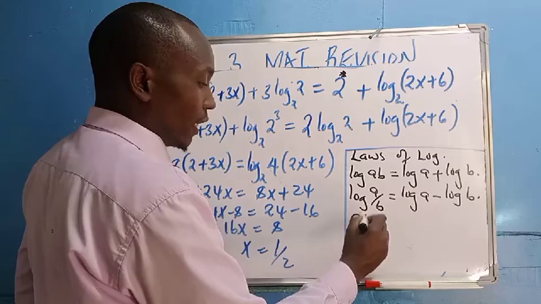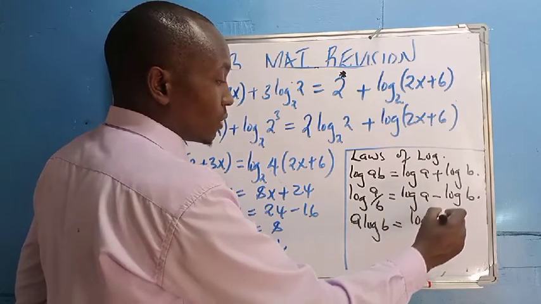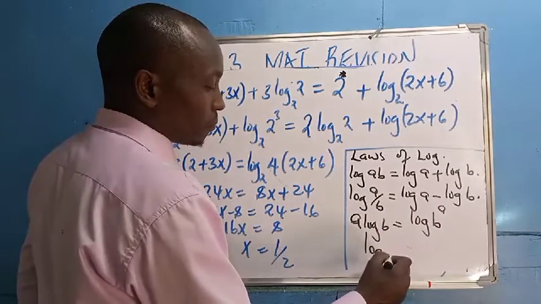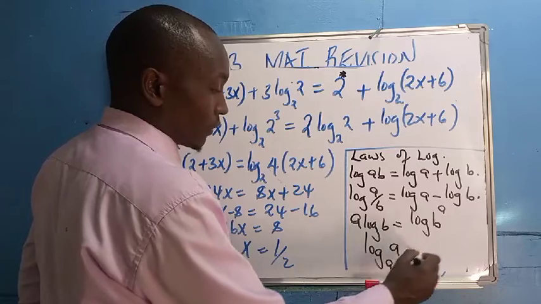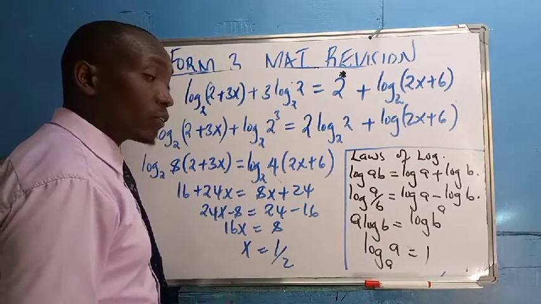If I have A log B, this can be given as log of B raised to power A. And log to base A of A is always equal to 1. So these are just some few laws of logarithm.